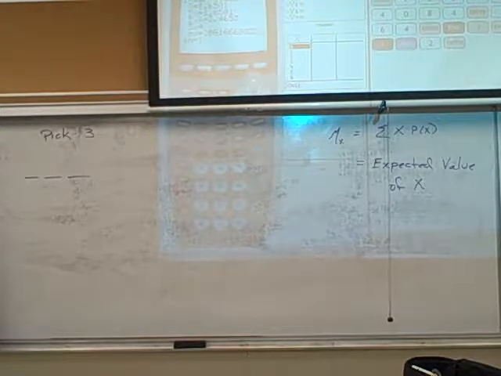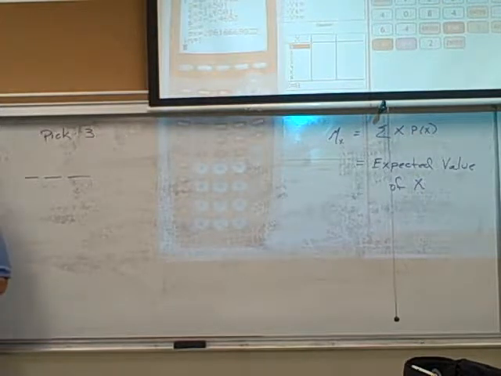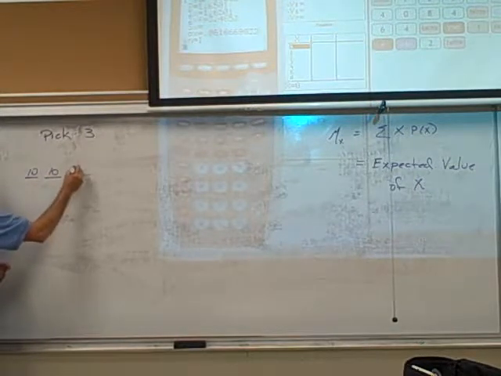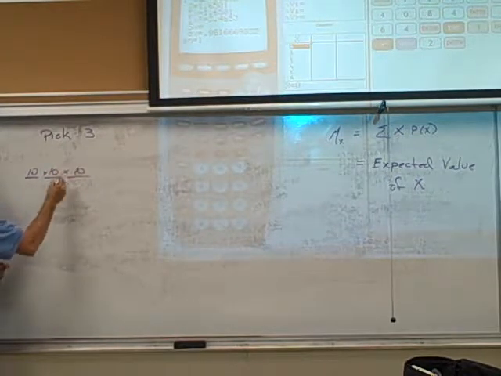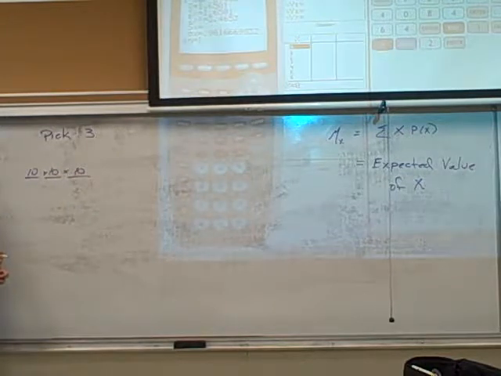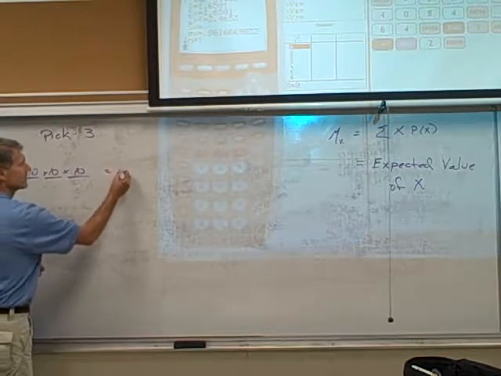Well, how many digits are there? That's not a trick question. How many digits do they allow? 0 through 9, right? And that's 10. So I have 10 ways to fill in the first blank, 10 ways to fill in the second, and 10 ways to fill in the third. So the total number of possibilities is 1,000. Right?